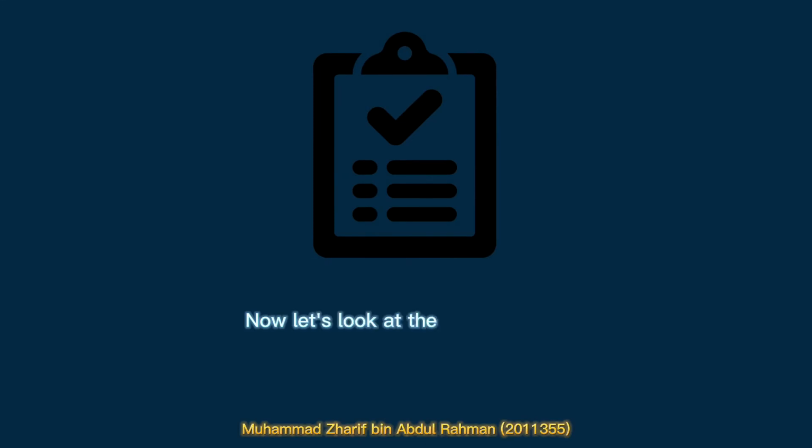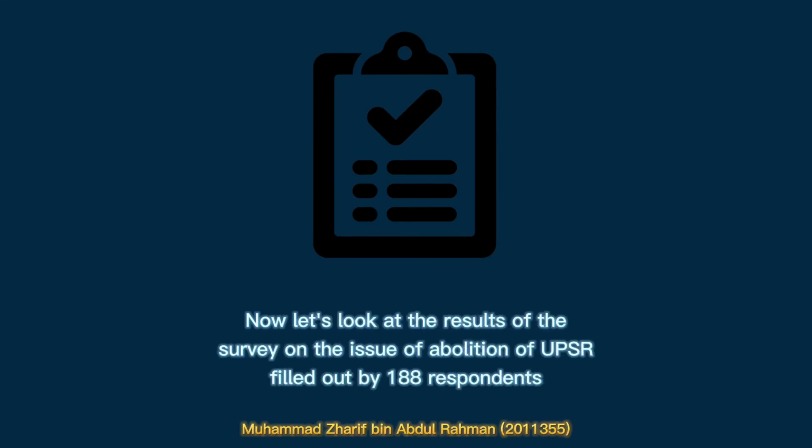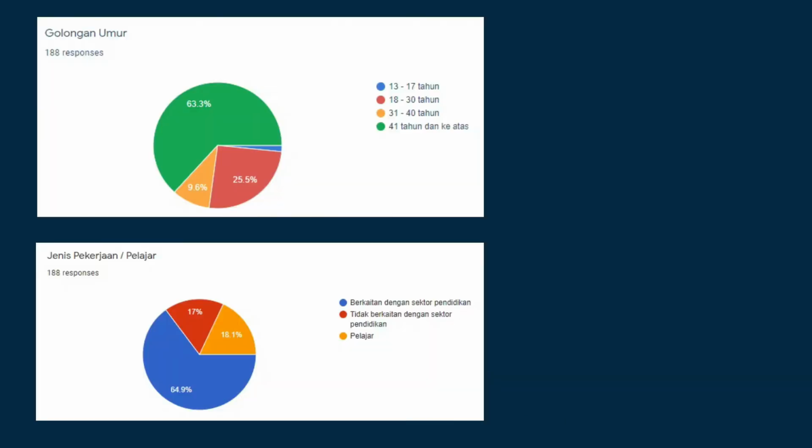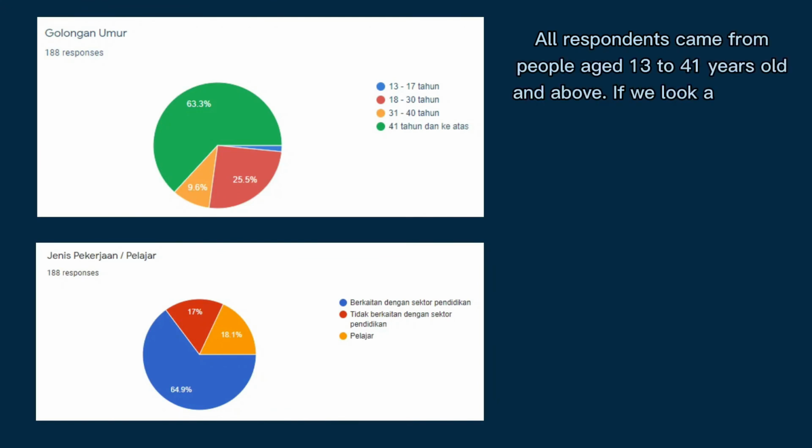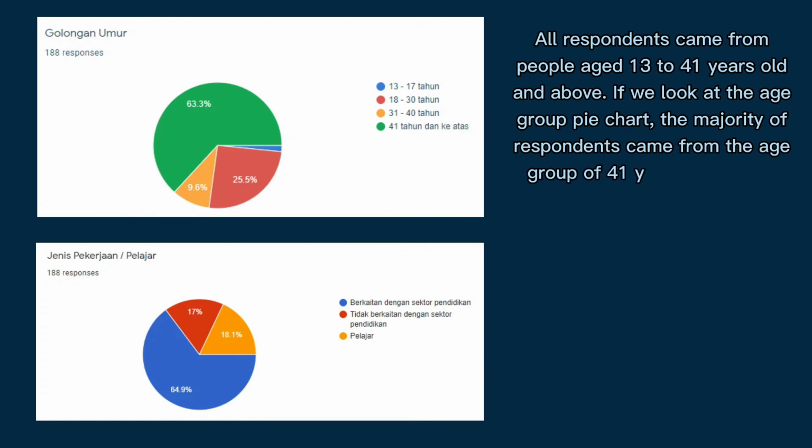Now let's look at the results of the survey on the issue of abolition of UPSR filled out by 188 respondents. All respondents came from people aged 13 to 41 years and above. If you look at the age group pie chart, the majority of respondents come from the age group of 41 years and above, which is 63.3%.